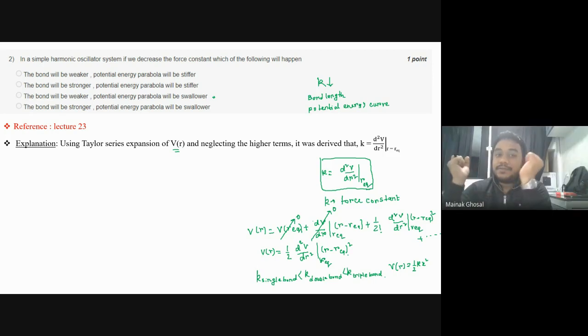That means a single bond is weaker, exactly. If k is less, you need very little energy to stretch the bond, which means the bond is always weaker. So the first answer is: the bond length will increase and the bond will be weaker.